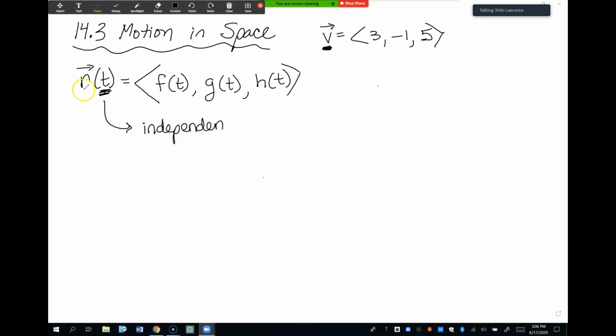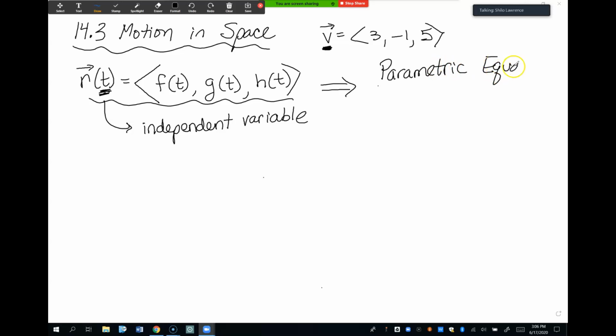And we typically call the vector valued functions r. It's not necessarily a rule, but that's mostly what you're going to see. So this format is telling us exactly the same thing as a set of parametric equations.